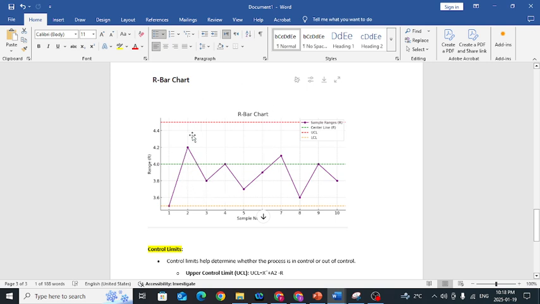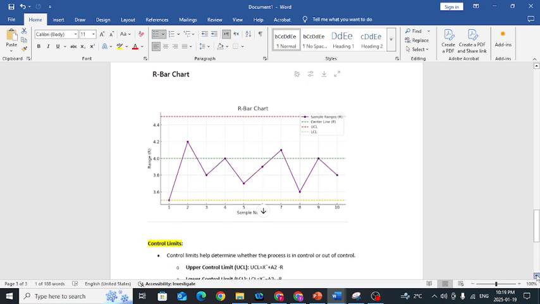For this part, the R bar chart, as you can see in this chart, the center line is the green dashed line, and the sample range is the purple line, and the UCL is the upper control limit and LCL is the lower control limit. This shows you the R bar chart.